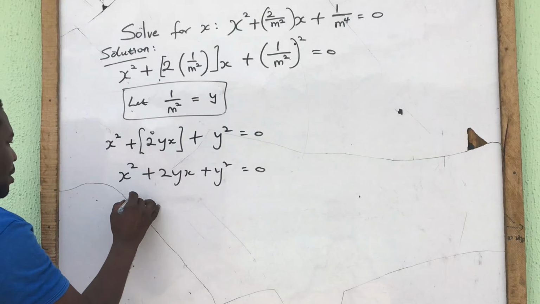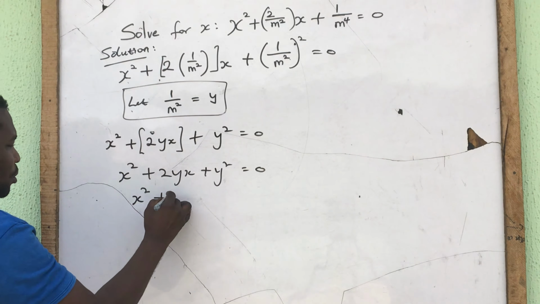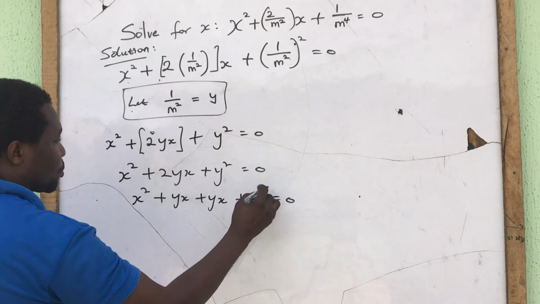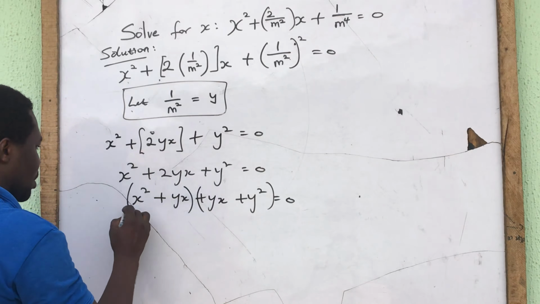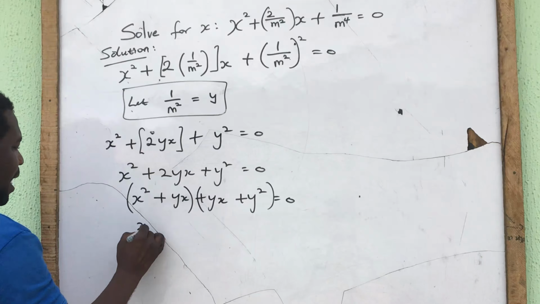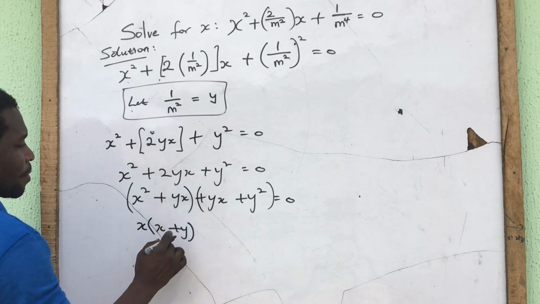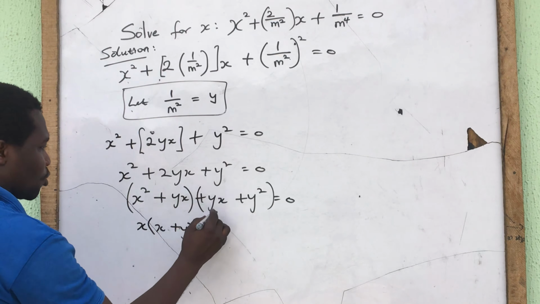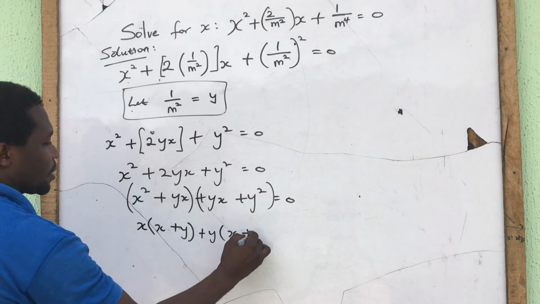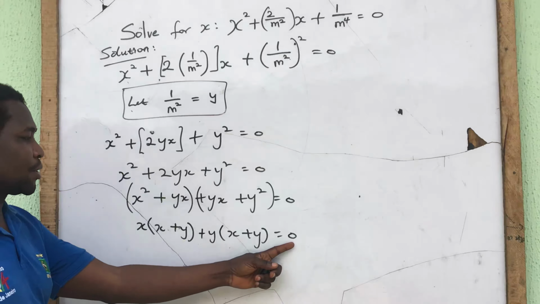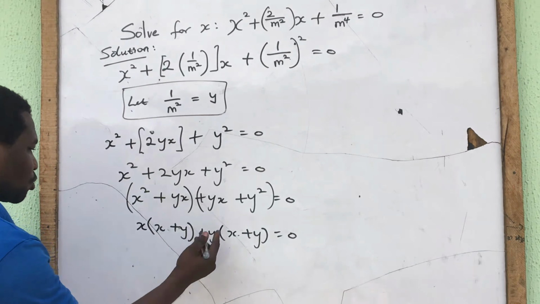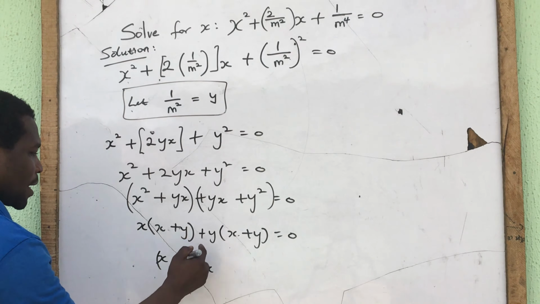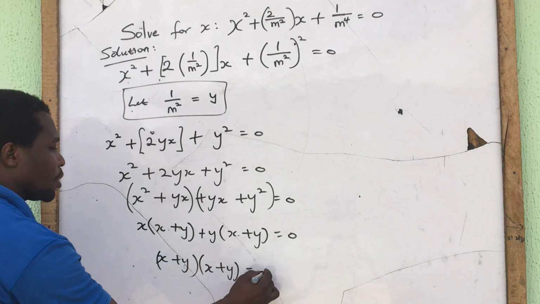So x squared plus yx plus yx plus y squared equal to 0. Let's group them together: x into x plus y, plus y into x plus y equal to 0. So x plus y is common, then x plus y into x plus y equal to 0.